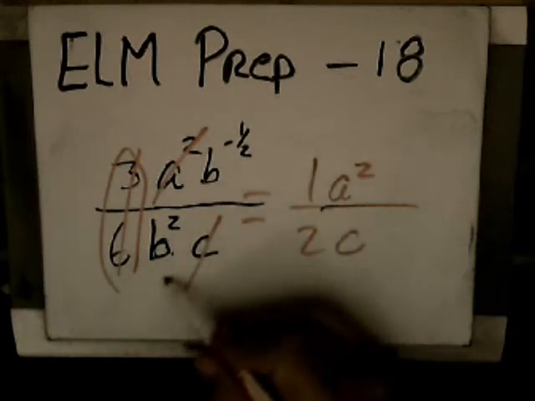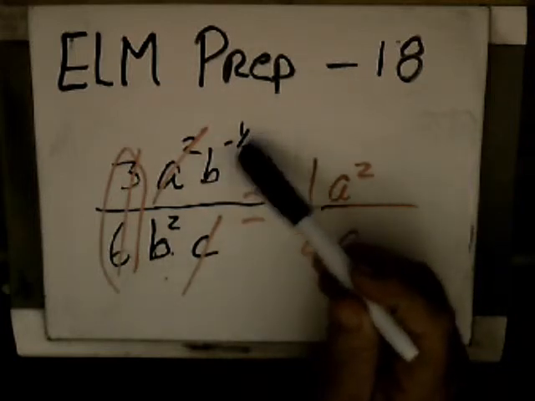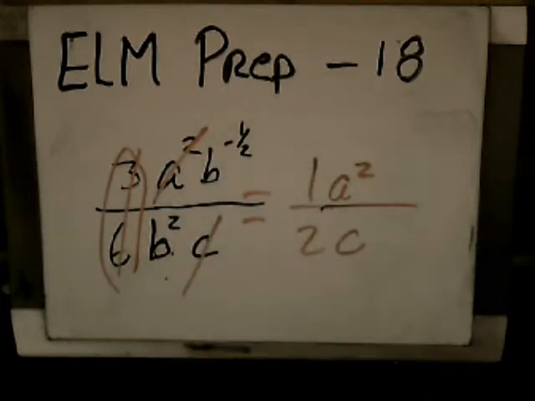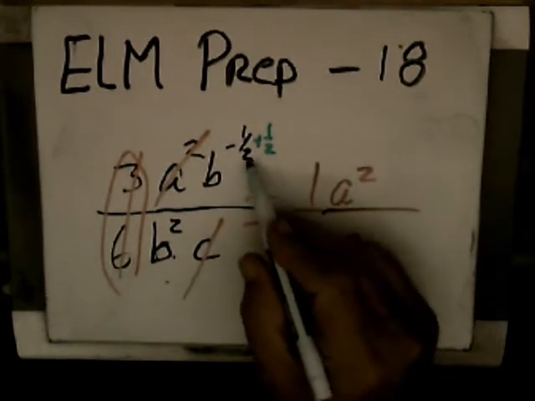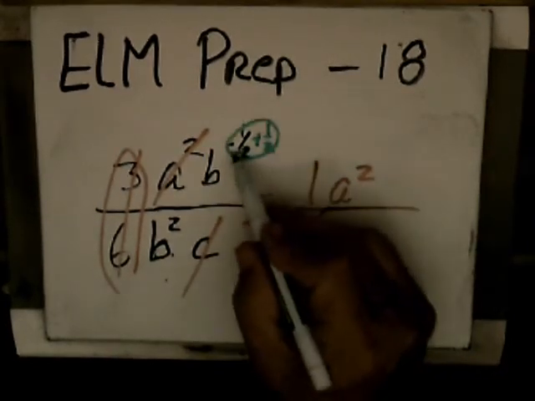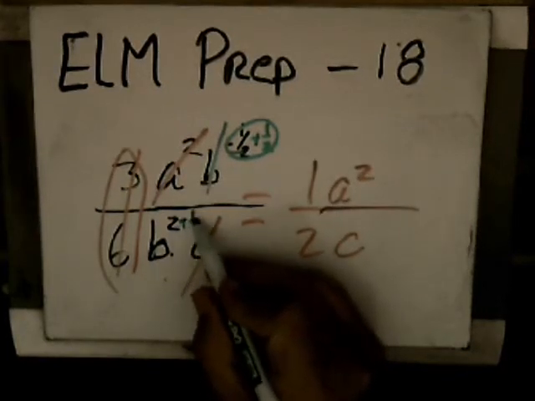So now I'm left with my b's. Well, a minus value is smaller than a plus value anytime, so I'm going to turn the smaller one into a 0. So I'm going to add 1/2 to that. And so that'll be b to the 0, which will just be 1. Well, I'm going to add 1/2 down here.